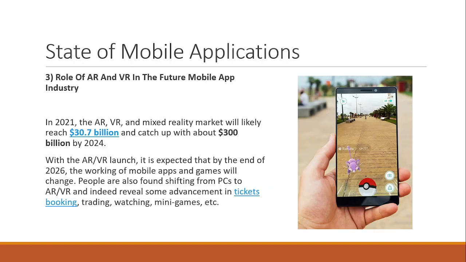So after AI, we'll talk about the role of AR or augmented reality and VR or virtual reality in the future of the mobile app industry. As of 2021, the AR, VR, and mixed reality market will likely reach 30.7 billion and will catch up to about, sorry, 300 billion by 2024.